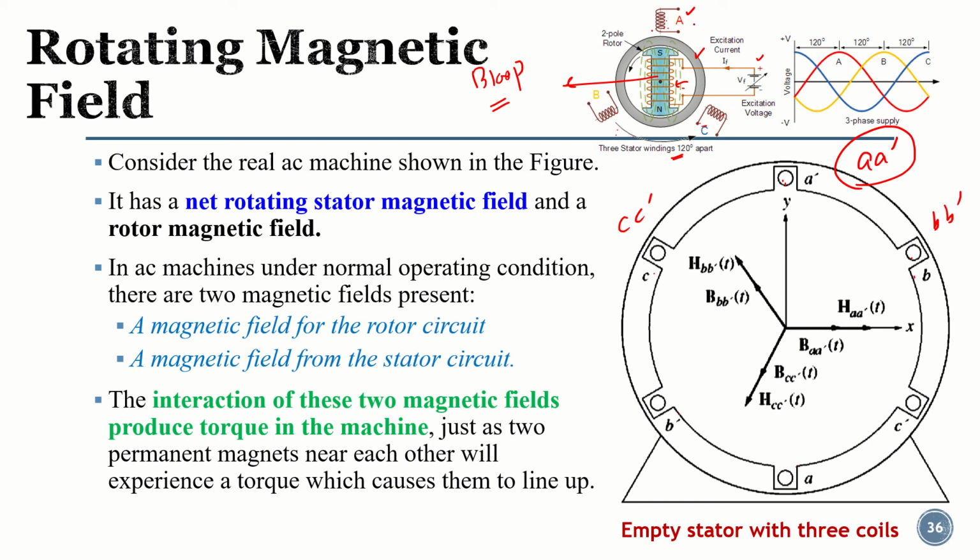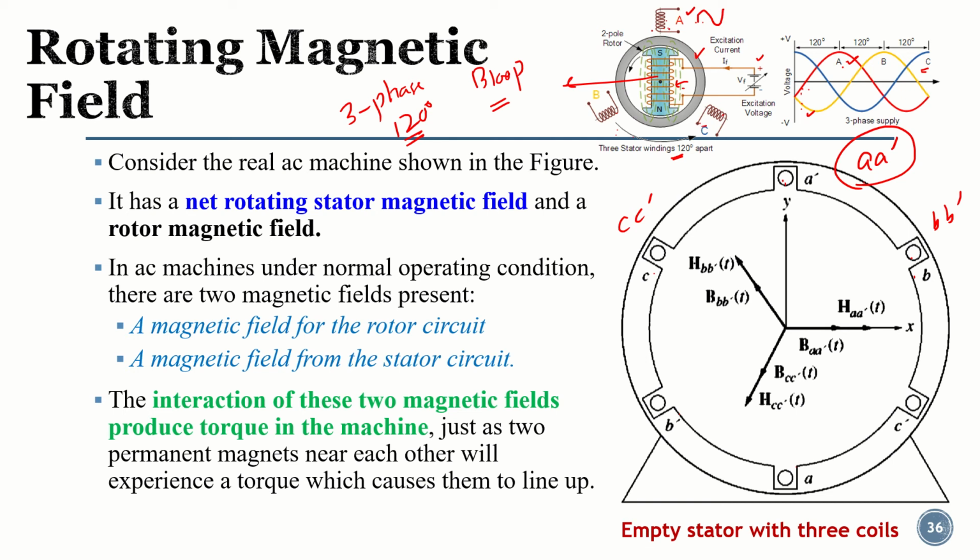At A, for example, we are supplying this red voltage. At B we are supplying this yellow one, which is 120 degrees out of phase from this, and at C we are supplying this one, which is again 120 degrees. So we are supplying a 3-phase supply, and each phase is 120 degrees out of phase from the last one.